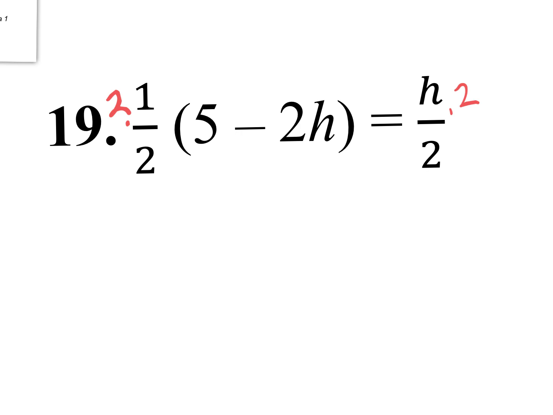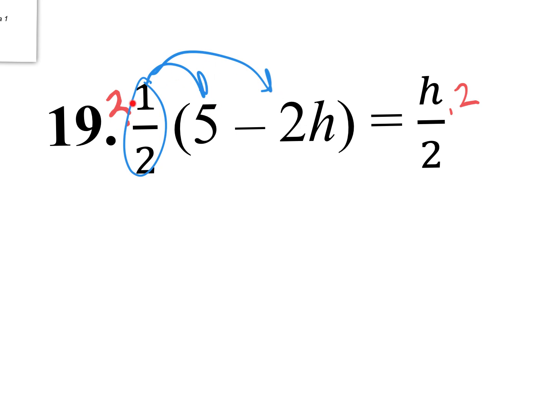The answer is because whatever I do to this guy, because of distributive property, it's like if I did it to these guys as well. Okay, let me repeat that one more time. When I said get rid of the fractions by multiplying everything by the denominator, I only put a times 2 and a times 2 here because distributive property exists.